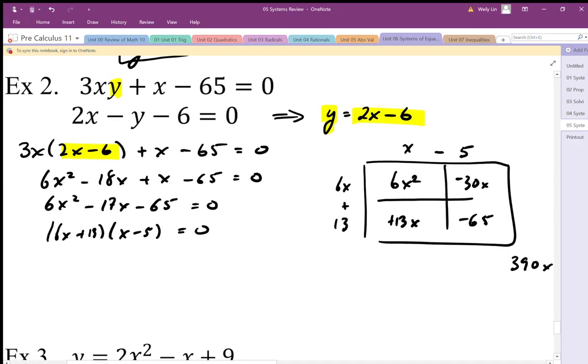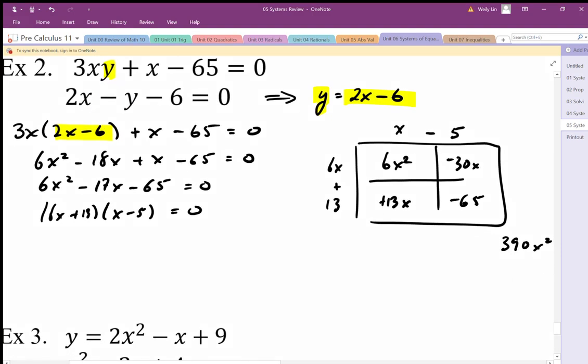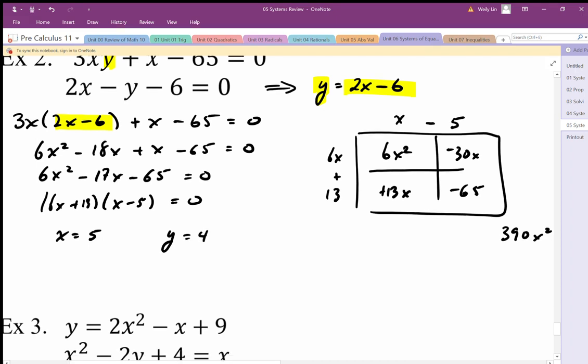This one you may want to choose to use a quadratic formula just because it looks a little bit harder to factor here. Okay, but in the end we can factor it. So I get a solution x equals 5. Okay, when I plug x equals 5 into that equation, it looks like I have x equals 5, y equals 4. Okay, so my solution's there. And so that's one set. I also have x equals negative 13 over 6.